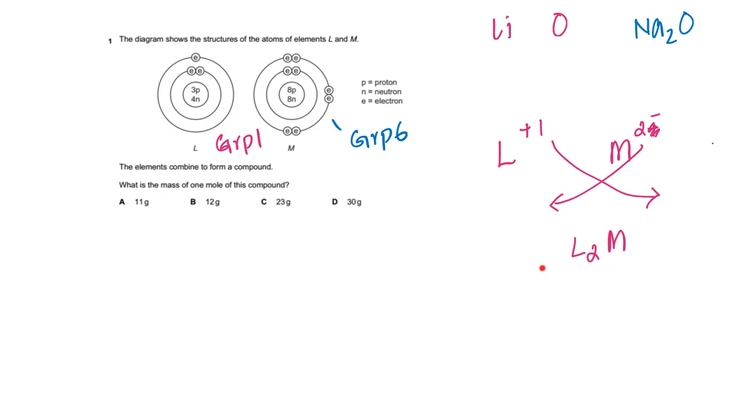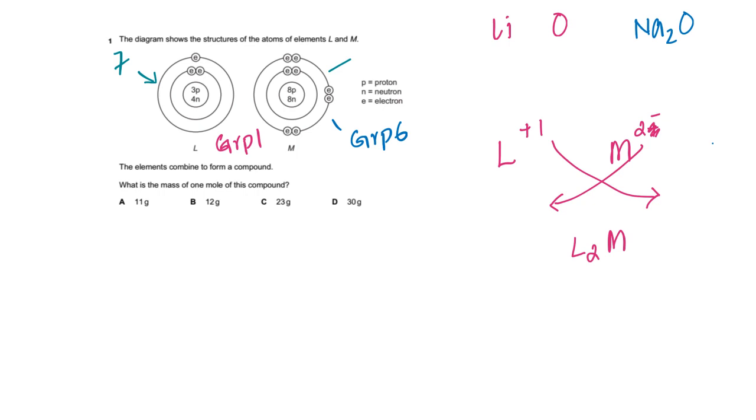So what will the MR of this compound be? Because the next part is going to moles. So it has two. So the MR for L is what? The MR for L, it has 3 protons and 4 neutrons, an MR of 7, right? And it's matching with the periodic table again.